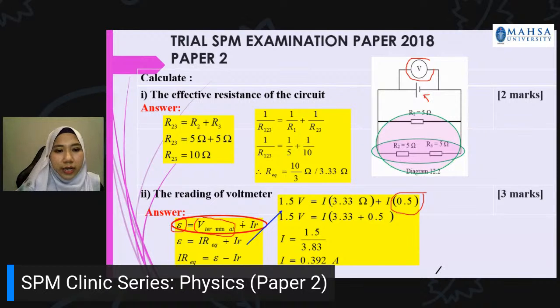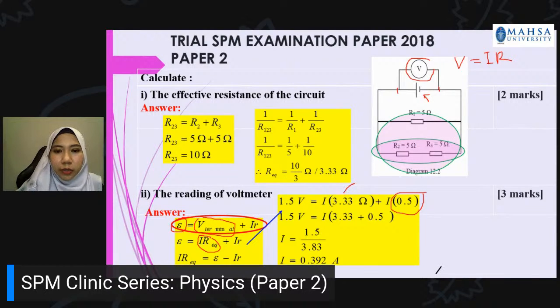So here, the V terminal refers to the external potential difference, and the formula is equal to IR, where R is the external resistance. You already calculated that the value is 3.33, and then substitute here.